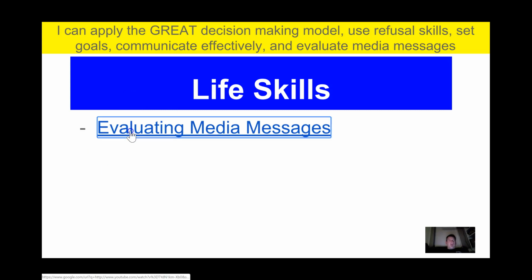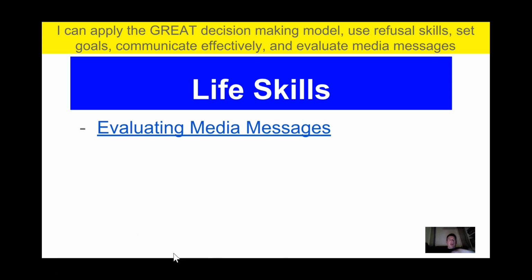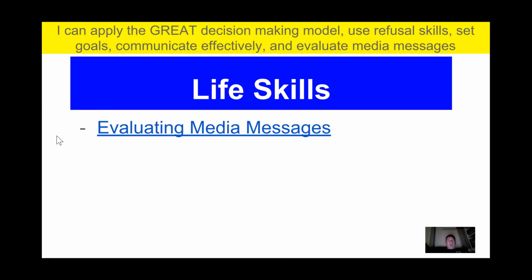I'll click on that, or if you want to, you can click on that. Those are Super Bowl ads, I think from 2013. They don't really talk about anything, but the goal is to get you to pay attention to them. A lot of people don't realize that a 30-second commercial at the Super Bowl costs anywhere from $4 to $5 million, and that was a few years ago, so it could be more now.